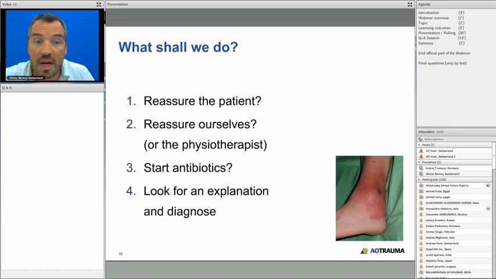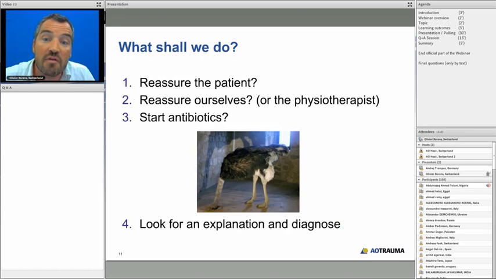So I'm sure that each one of you has his own idea on how to deal with this, but I think it is important for us to know that if we only reassure the patient and tell him that there is no problem, or if we only reassure ourselves, or if we start antibiotics in this situation without knowing what's really going on, well, actually we are doing an ostrich behavior, so we're just hiding from reality.